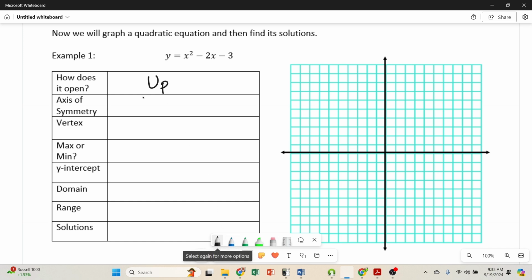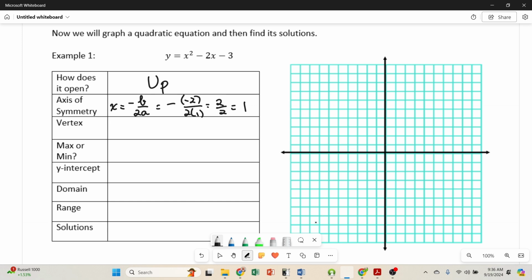Now, if you remember, the axis of symmetry formula is x equals negative b over 2a. Well, in this case, this would be negative negative 2 over 2 times 1, which is double negatives makes positive, 2 over 2, so that's going to equal 1.